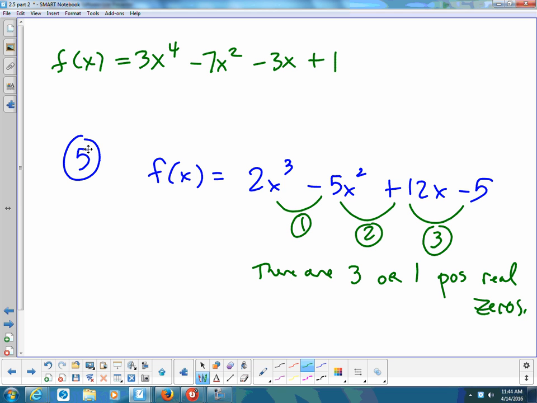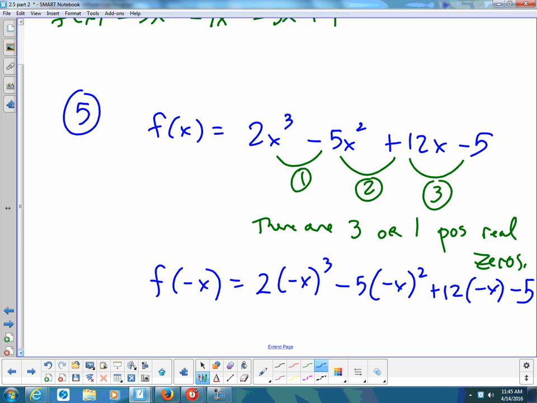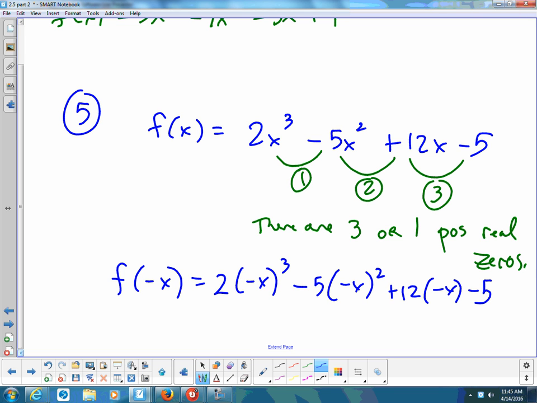Okay, can you please find f of negative x to determine the quantity of negative real zeros? And what does this simplify down to, Nathan?